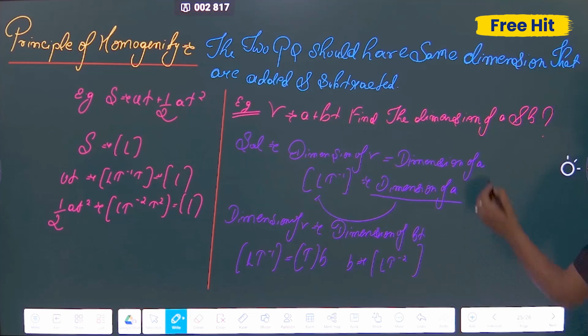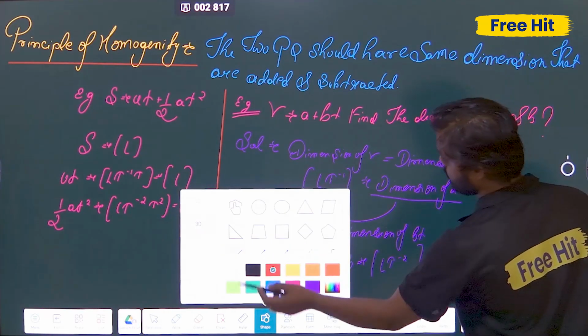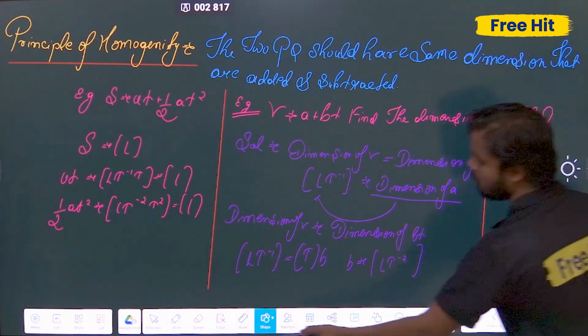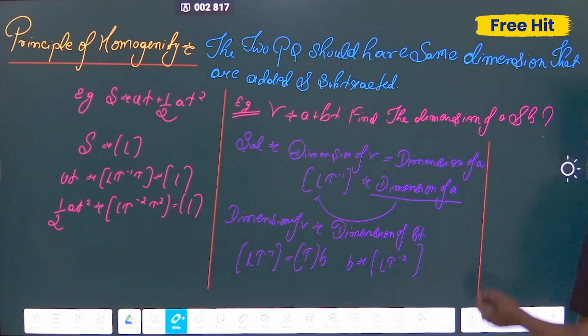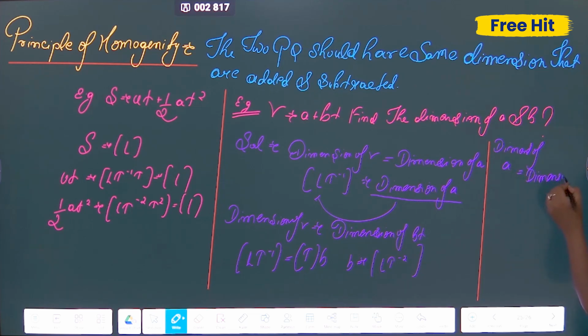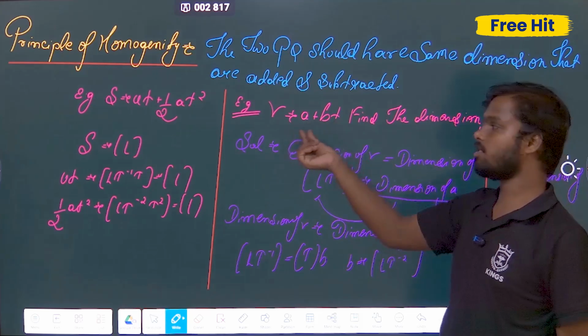You can find this in one more way. See, some people may think like this also. For finding B, they can also say, sir, the dimension of A is also equal to the dimension of BT, because this dimension should equal this dimension. Now only then can they add.